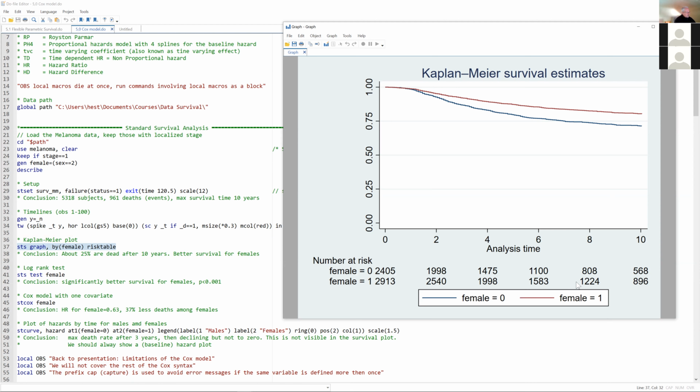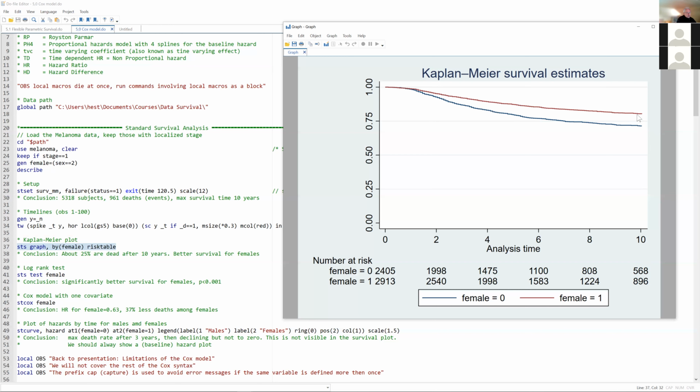We can also see that we started out with 2,400 subjects here, 2,900, and we ended up with 500 and something, 900 something. So we still have a fair amount of people at the end, and that's important. Otherwise, your estimates at the end will be very uncertain. So that's the Kaplan-Meier plot.